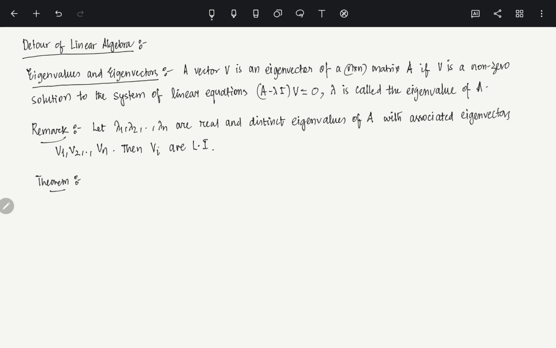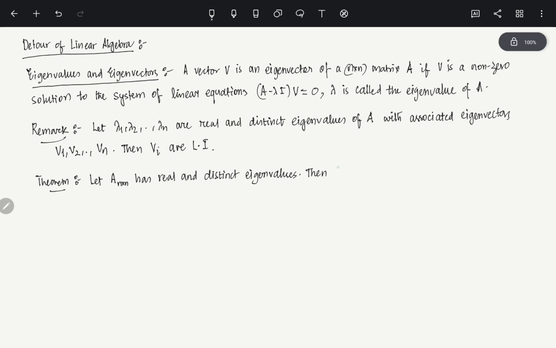So essentially, let's say that you have a matrix with real distinct eigenvalues. So let A, an n cross n matrix, have real and distinct eigenvalues. Okay, then what can you say? Basically it means that the matrix is diagonalizable.